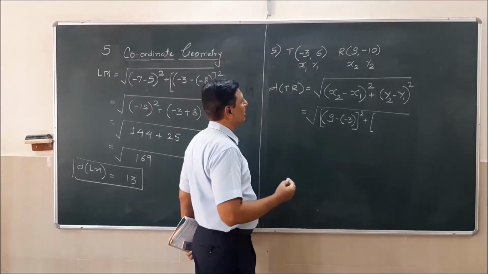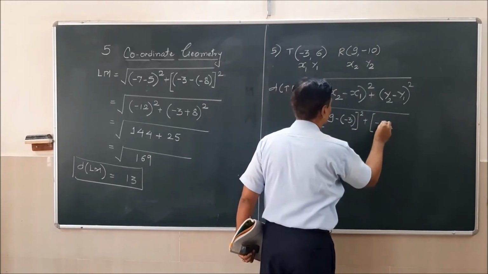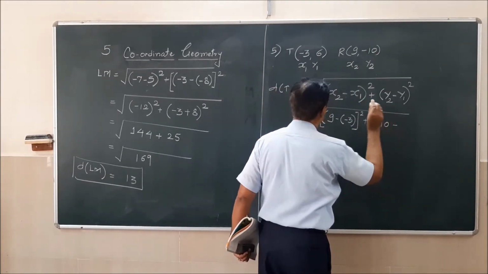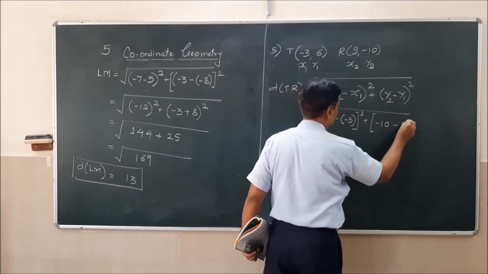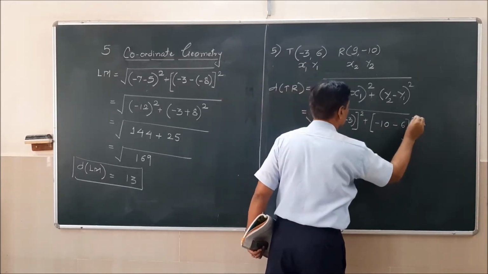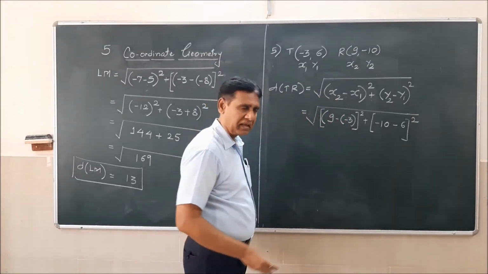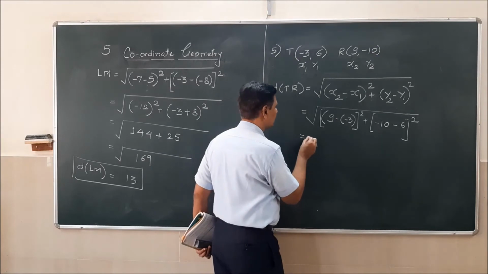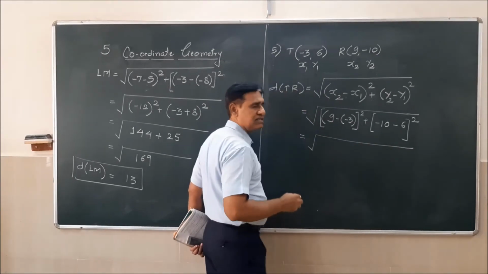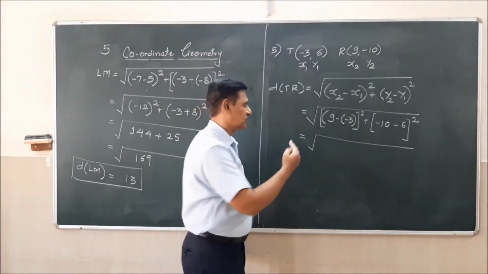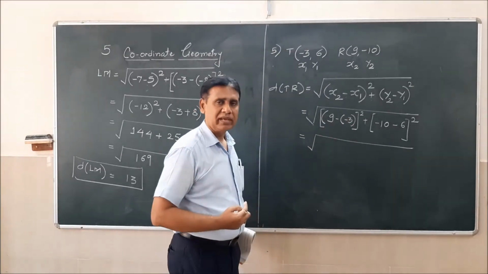So value of y2, what is value of y2? It is minus 10. So minus 10 minus value of y1 is 6. So that will give you minus 10 minus 6 the whole square. The next step is 9 as it is, but minus into minus will make it plus.